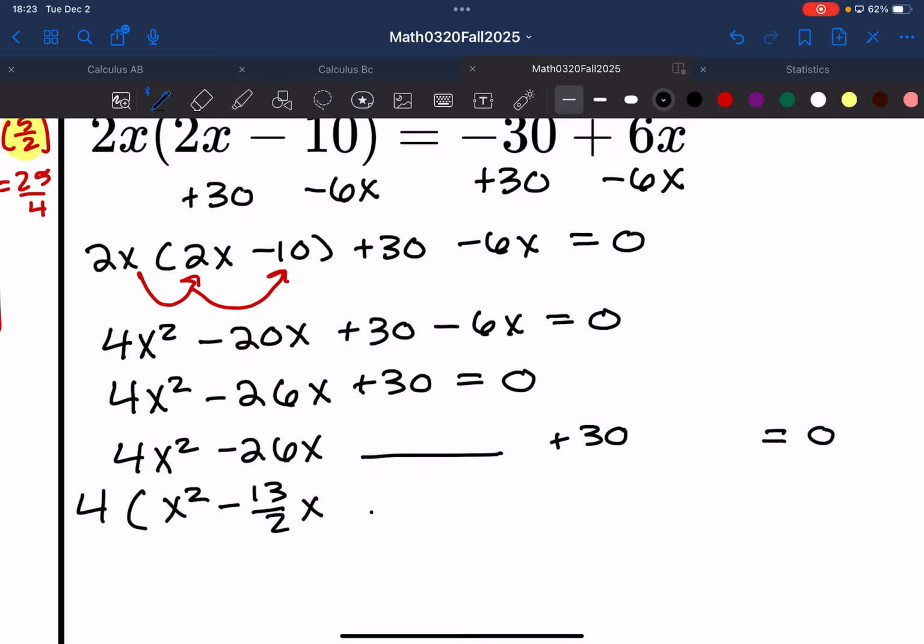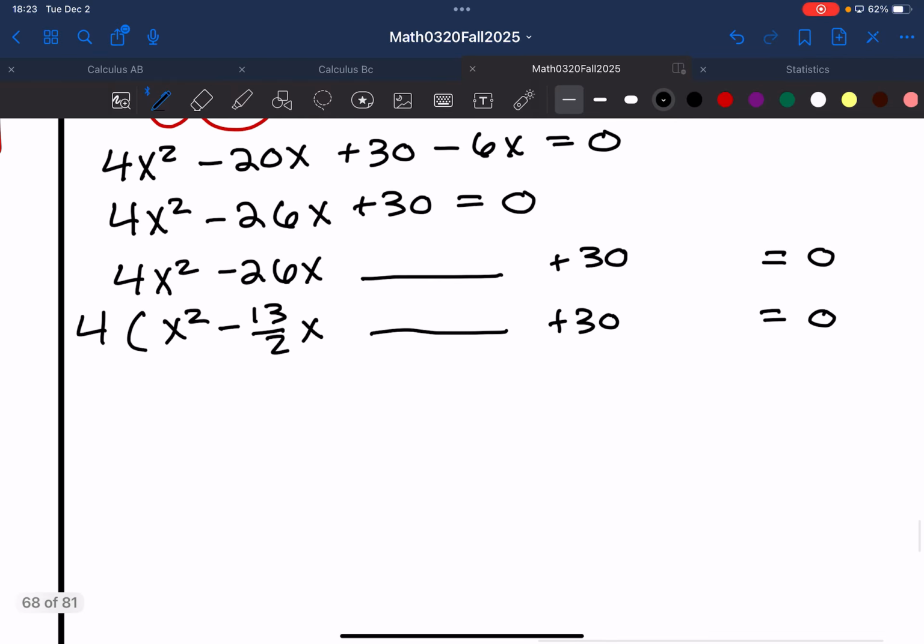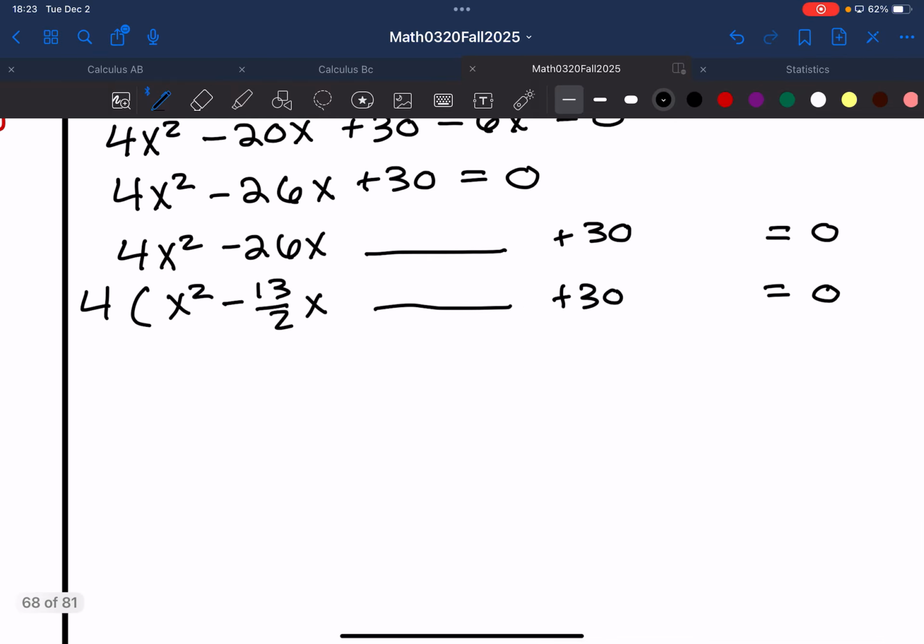Then I have this blank plus 30, another blank equals 0. So for the negative 26, you would divide by 4, right? Yes, I'm getting 6.5. That is correct, but I don't like using decimals. So 6.5 is the same as 13 over 2. We're going to leave it as a fraction. So yes, you are correct. You are getting 6.5.